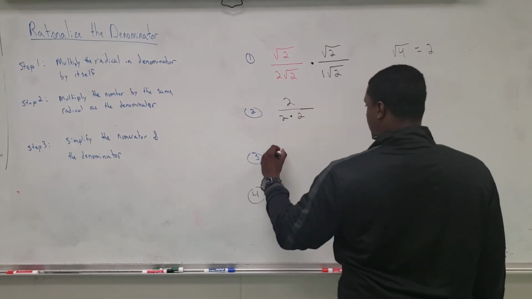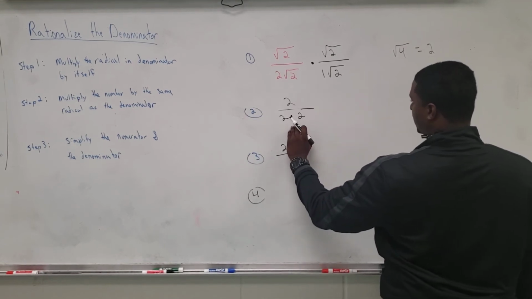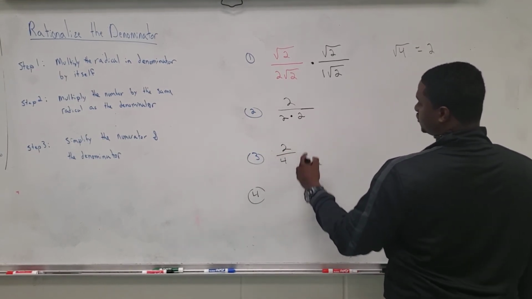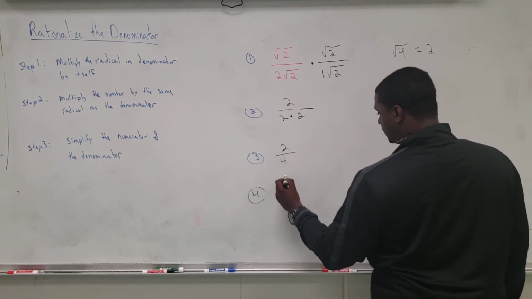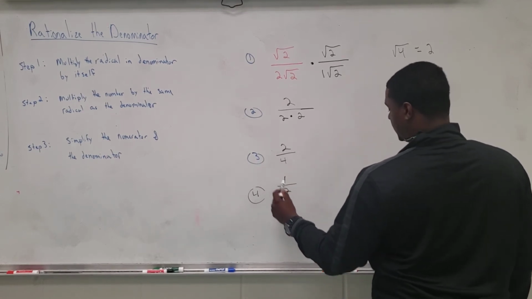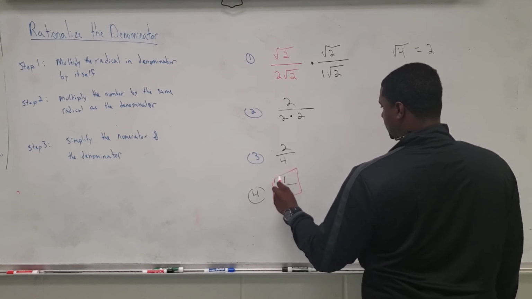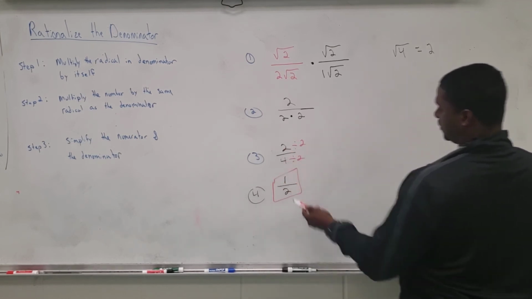My numerator is 2, and my denominator is 2 times 2, which is 4. All we need here is divide by 2. Divide both by 2, and we have 1/2.